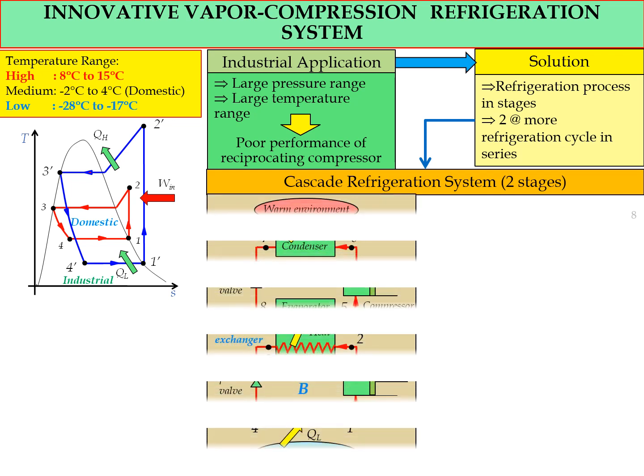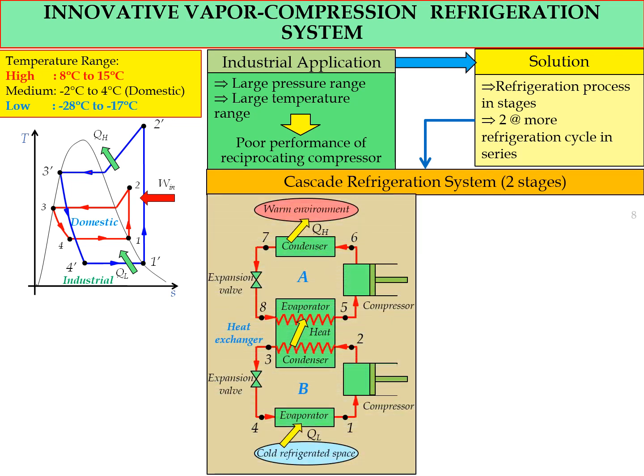For the 2 stages, as you can see, we have the B refrigeration cycle and also the A refrigeration cycle. The characteristic here is that QH of the B cycle becomes the QL of the A cycle.